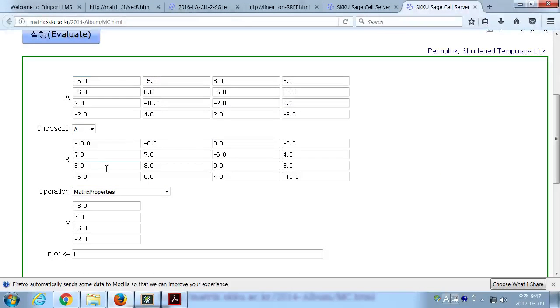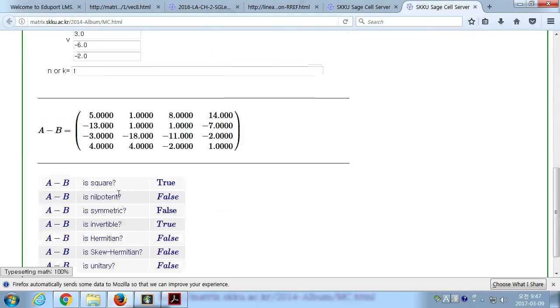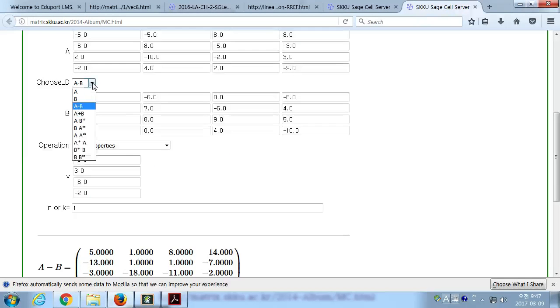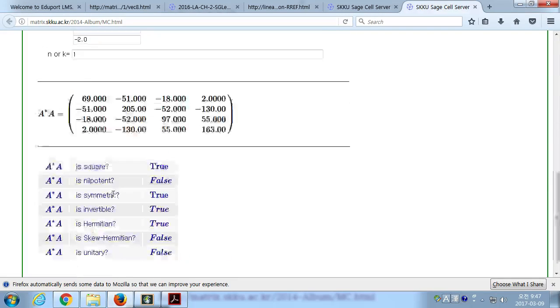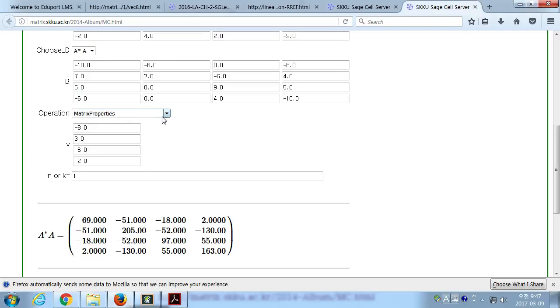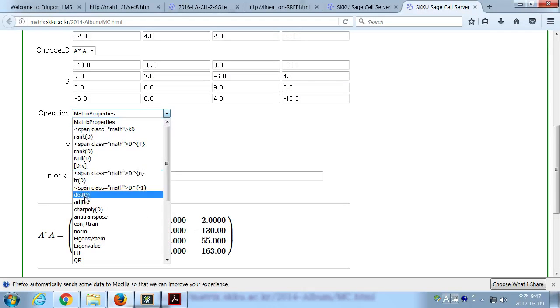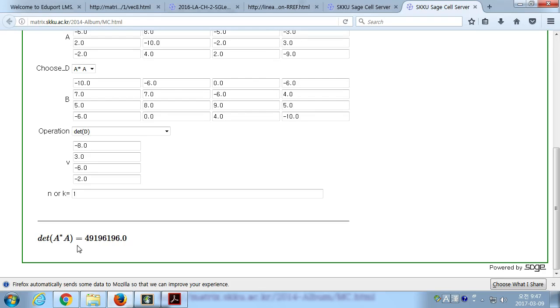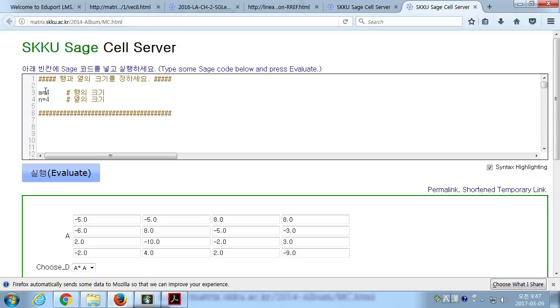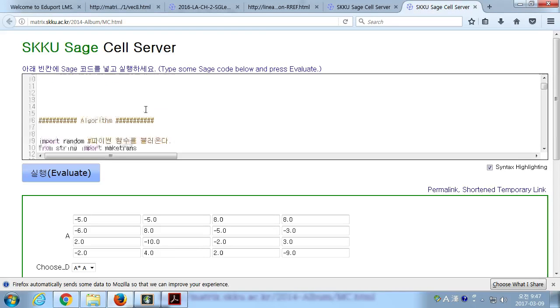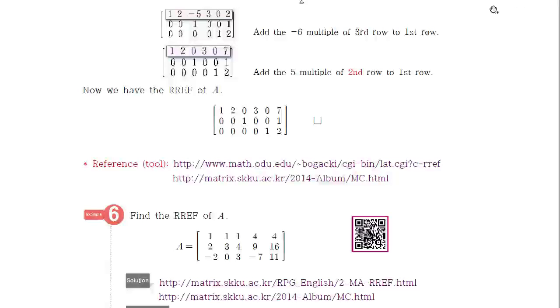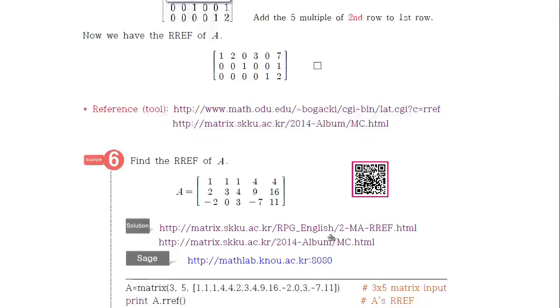You can find the A minus B matrix like this, or you can multiply these two matrices, A star A. You can find the determinant of the matrix A transpose A. So many things can be done, even for very large size computation. The algorithms are exactly the same. All this was made in Python-based code.